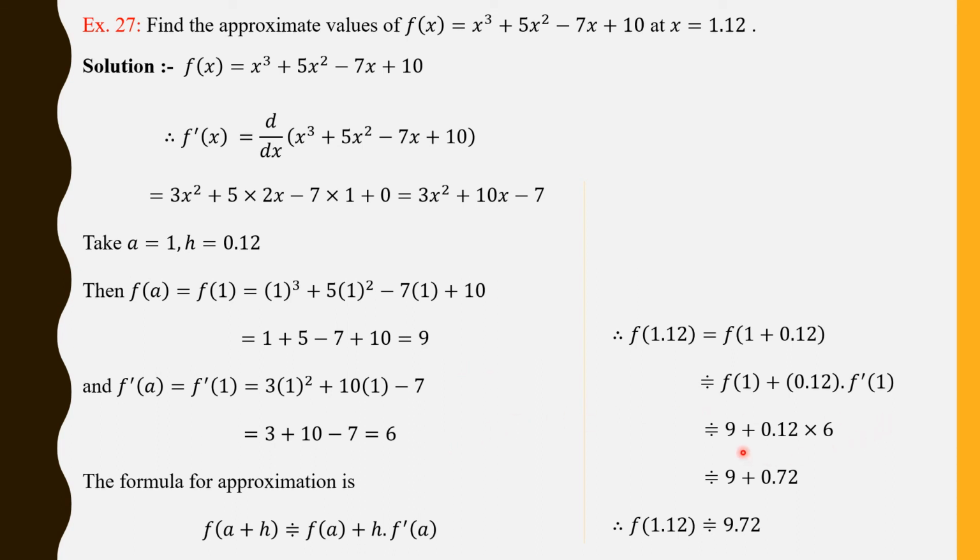Putting these values, we get 9 + 0.12 into 6. 9 plus, this multiplication is 0.72. Adding these two terms, we get 9.72. Hence, the approximate value of the function at the point 1.12 is equal to 9.72. Thank you.